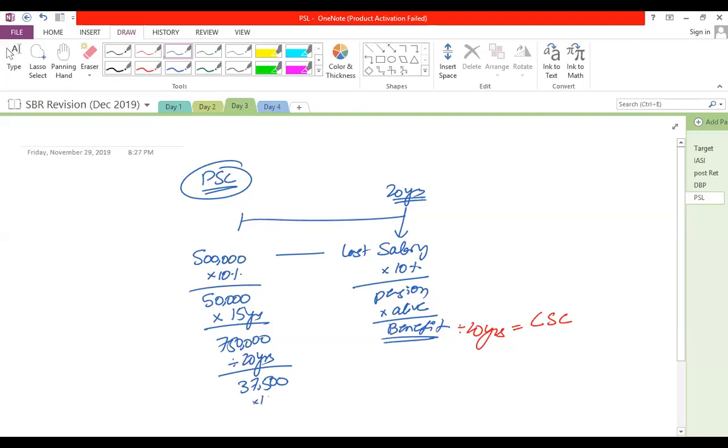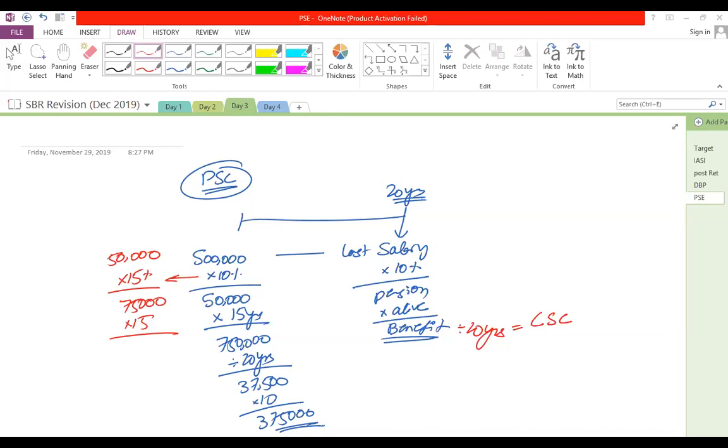Now let's suppose after 10 years, when the liability was recorded as $375,000, the company changed the plan and said, okay, you are going to get 15% of the last salary. So the amount has now been changed. $50,000 into 15% will be $75,000, and that into 15 years, let's use a calculator, 75,000 into 15 is 1,125,000. Ideally, this divided by 20 years should have been the expense of the previous years.